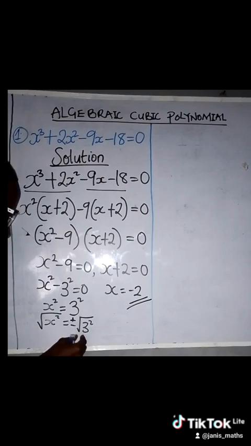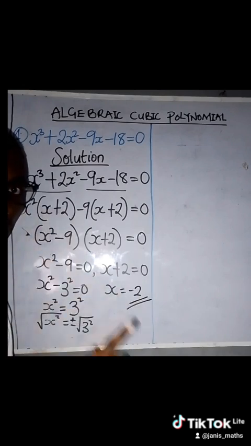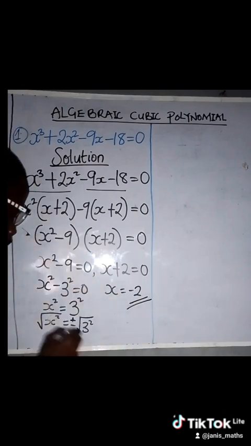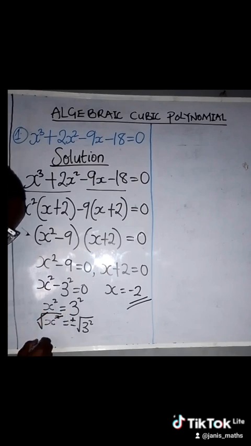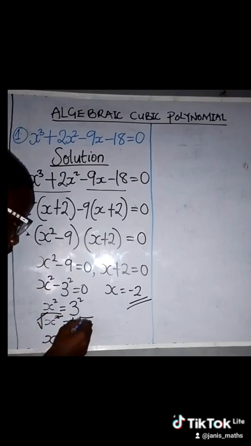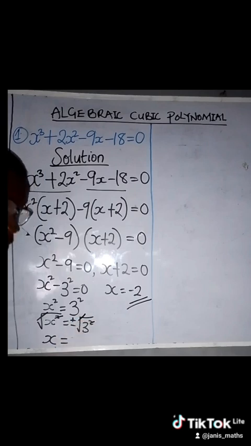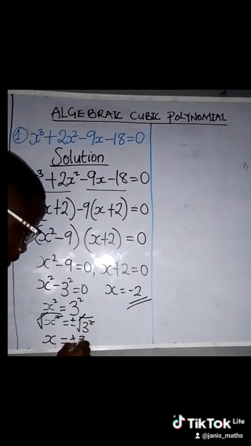So the value of x will either be in plus or in minus. The square root will cancel the square here, so I'm left with x equal to plus or minus 3.